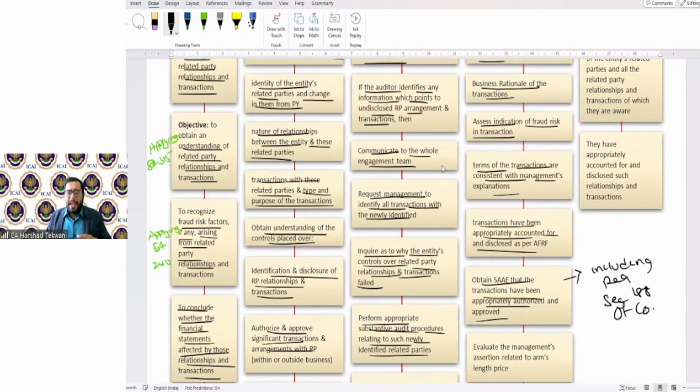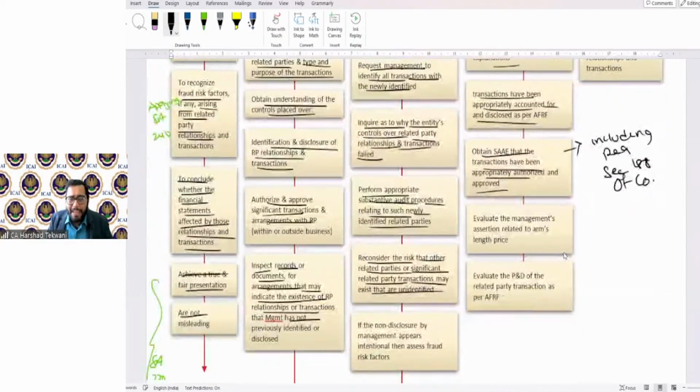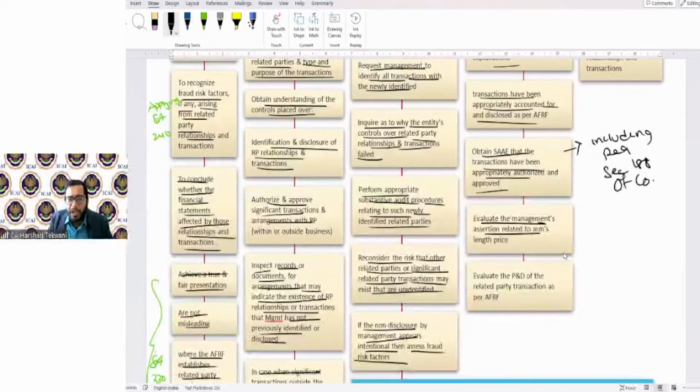So if it is a company, then you need to consider the requirements of 188 also. Then you need to evaluate management's assertion related to the arm's length price, whether the transaction was carried out at the arm's length price or not, and evaluate the presentation and disclosure of related party transactions as per the applicable financial reporting framework.